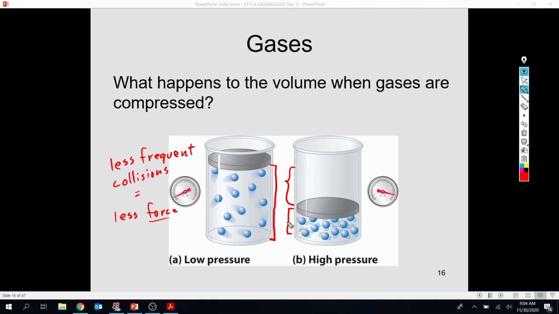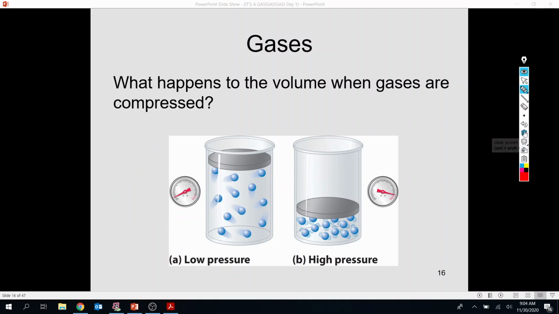All right, so that will give us a relationship between force, pressure, and area that the diagram asked for. So go ahead and pause the video for a moment and make your drawing, and then we'll be ready to continue. All right, we are ready to go.